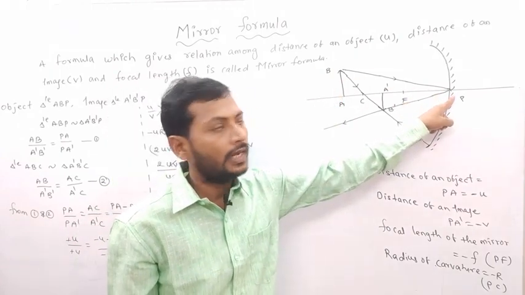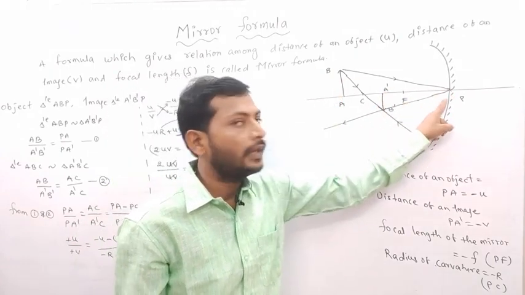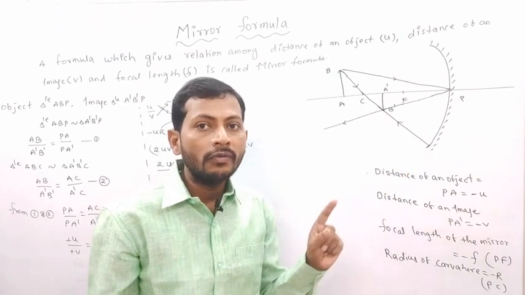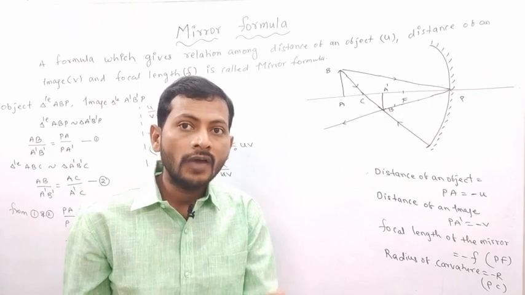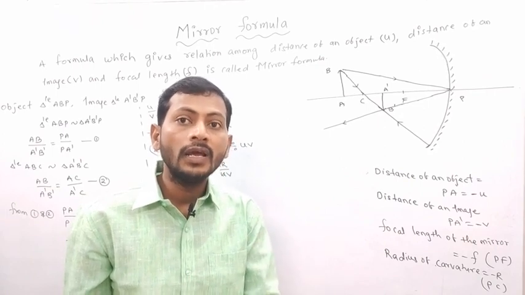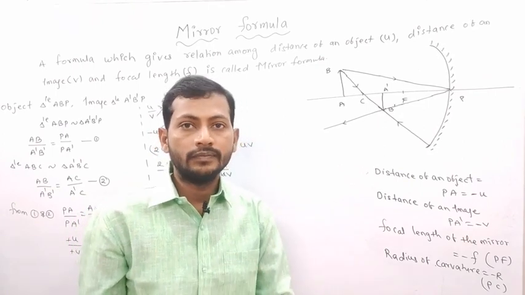ABP is the object triangle, A dash B dash P is the image triangle. Why have I taken the two triangles? The purpose is to give a relation between object and image.